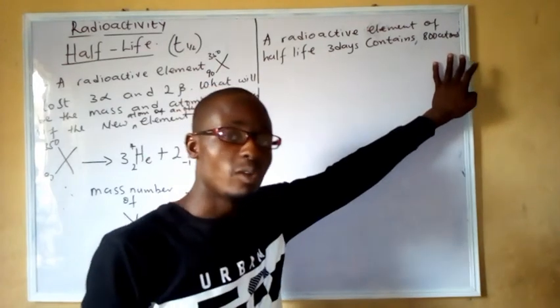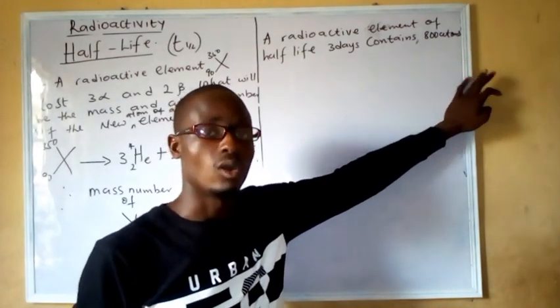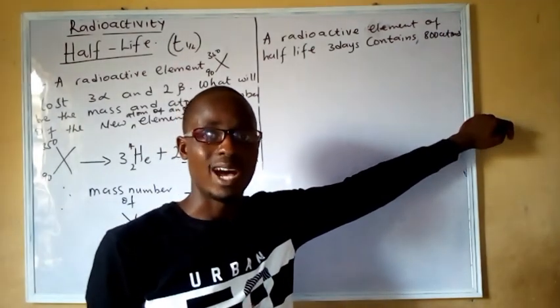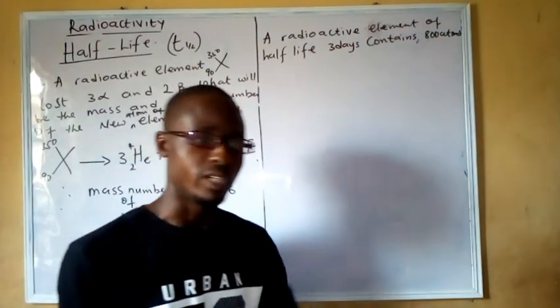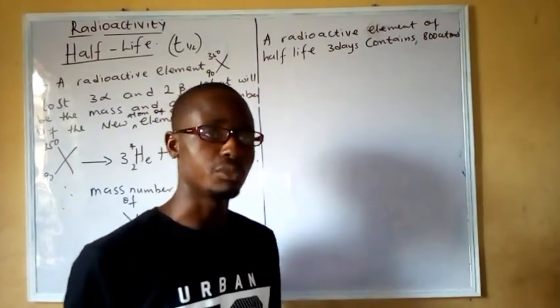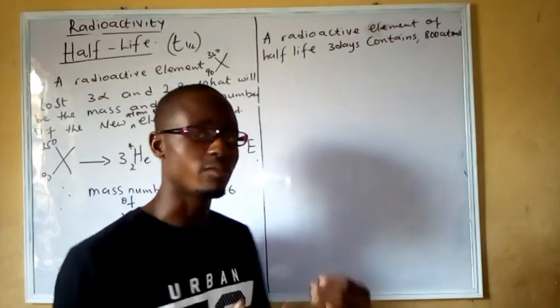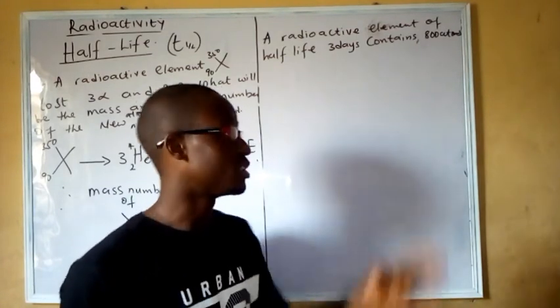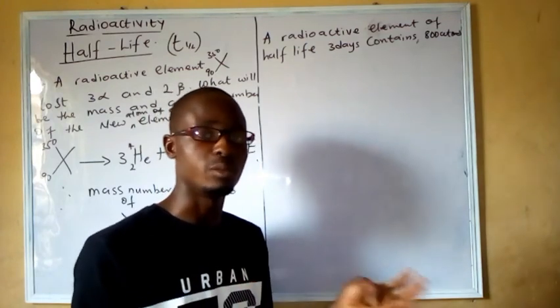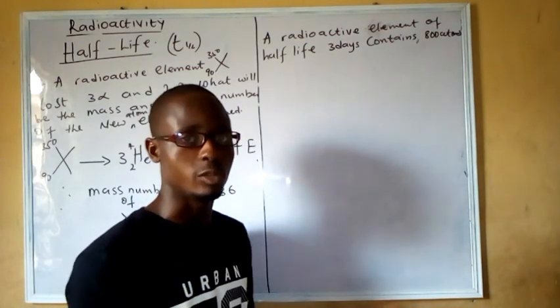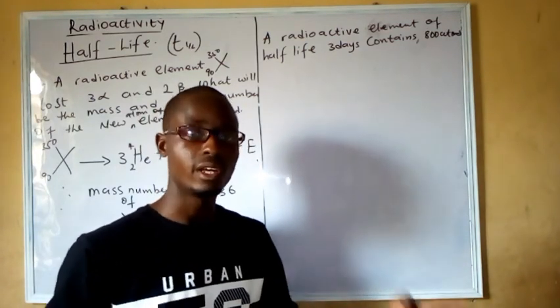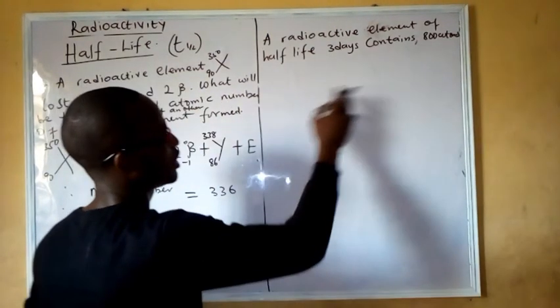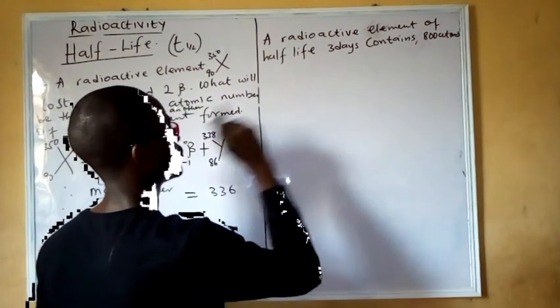Anyway, the number of atoms present might be given, or sometimes the mass of the whole element might be given. So still follow the same process. You can also calculate half-life with respect to the mass. If it is 800 grams, then the half-life will be the time taken for half of it, which is 400 grams, to completely disintegrate.